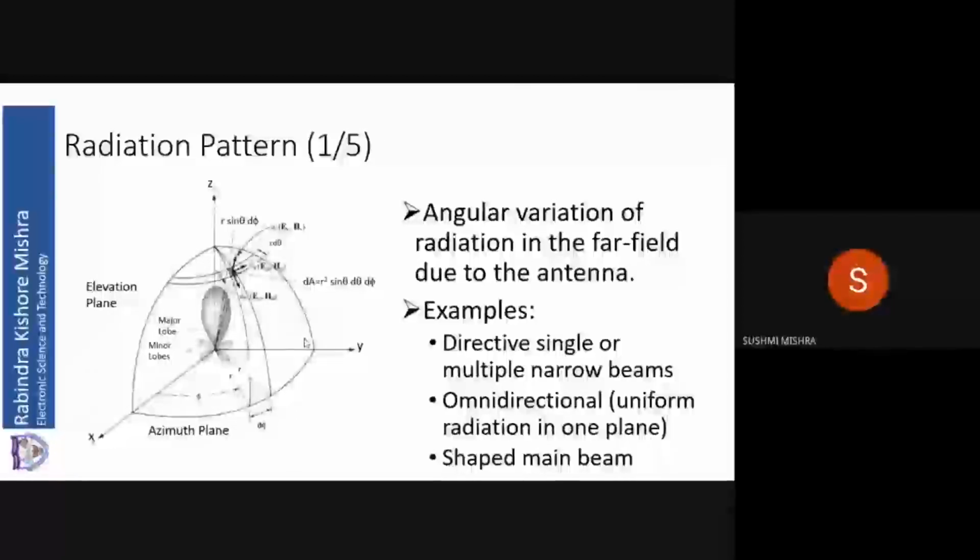Omnidirectional means omnipresent, present everywhere. Similarly, in one plane, if the radiation is present equally well in all directions, then it is an omnidirectional pattern. Then you can have a main beam which you can shape as per your requirement. That is called a shaped beam.